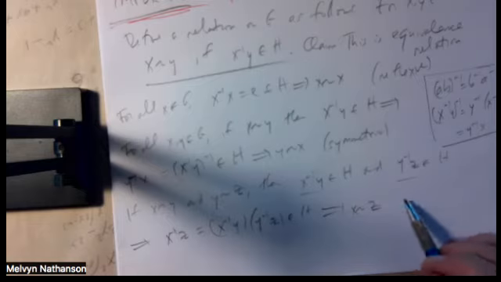So x inverse y times y inverse z is in H. This is x inverse, y inverse y, that's the identity, z. That's x inverse z, which means x is related to z. So if x is related to y and y is related to z, x is related to z. That means this relation is transitive.